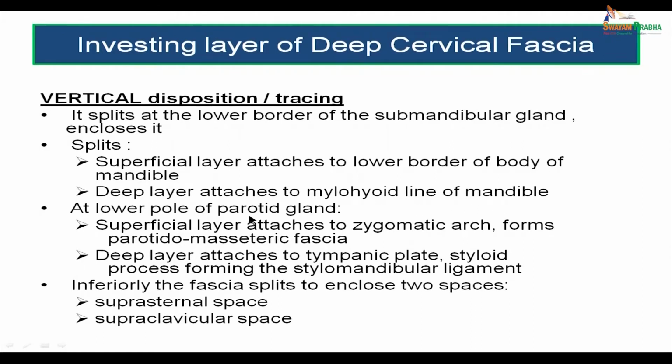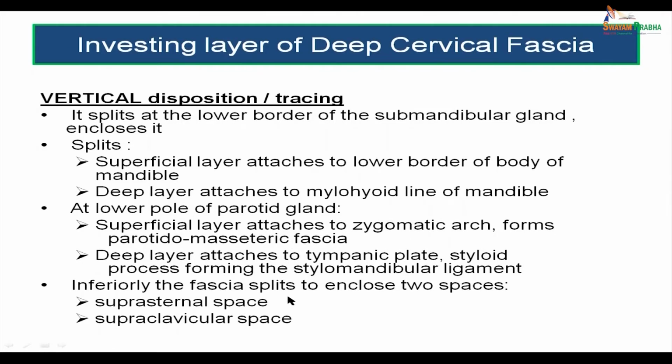At the lower pole of the parotid, the fascia again splits into a superficial layer and a deeper layer. The superficial layer is attached to the zygomatic arch, and here it forms the parotido-mesenteric fascia. The deeper layer is attached to the tympanic plate and the styloid process, and it forms the stylomandibular ligament.